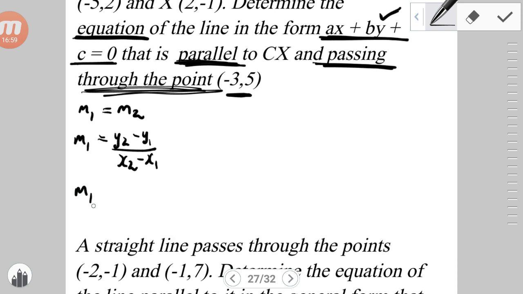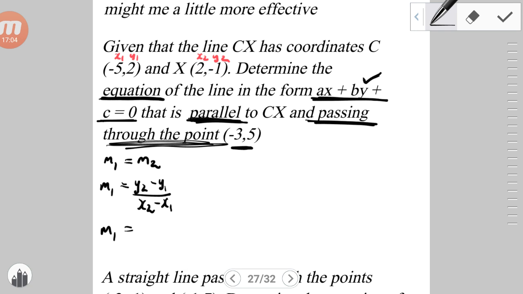So, okay, here we go. m1 is equal to y2, which we had indicated up here to be minus 1, take away y1 here, which is 2, over x2 here, which works out to be 2, take away x1 here, which is negative 5. So that's 2 take away negative 5.